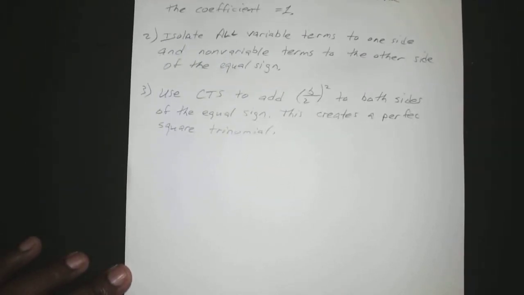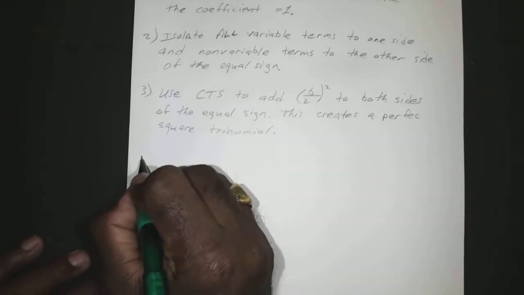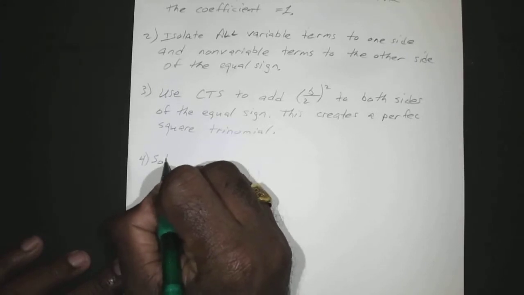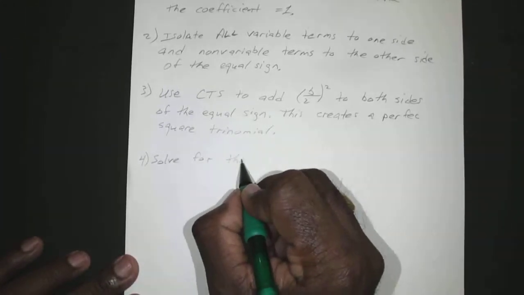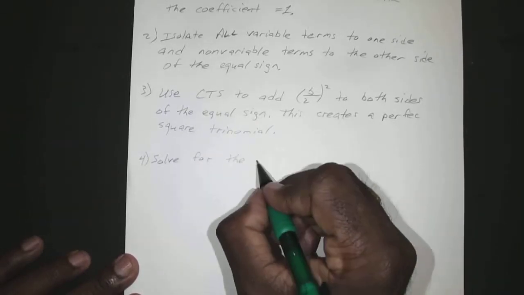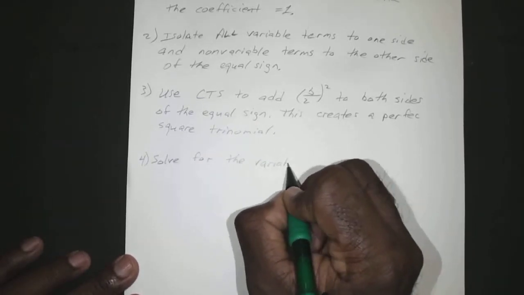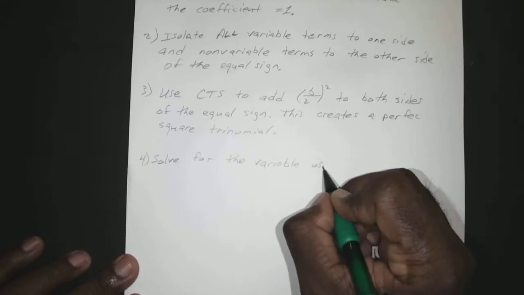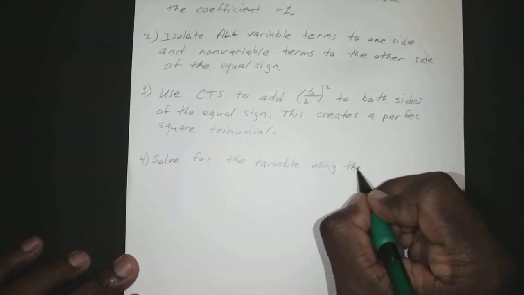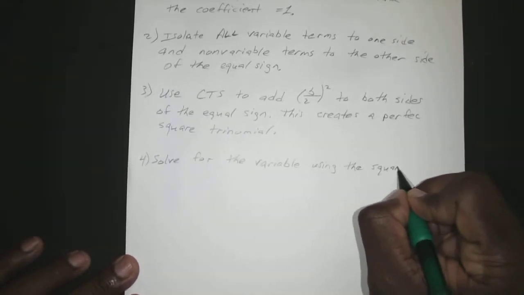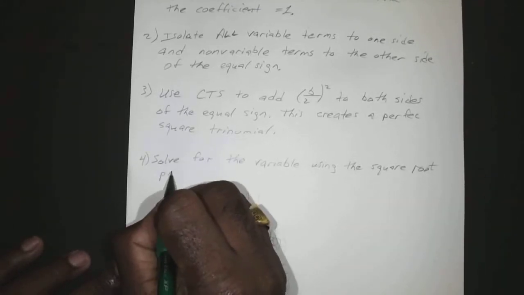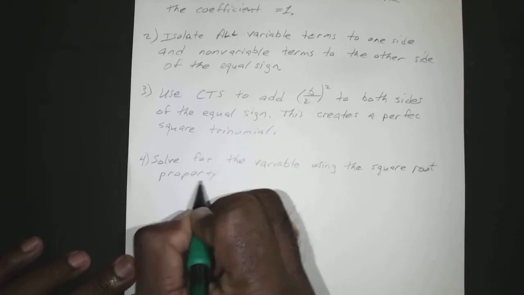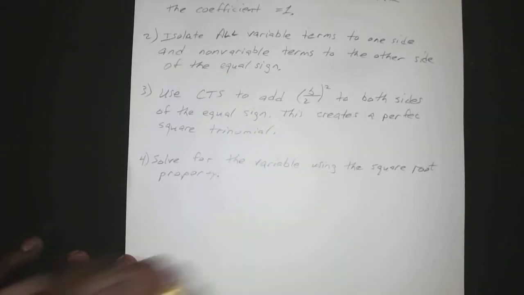Okay, and then 4, you're going to solve using the square root property that we did at the beginning. So you're going to solve for the variable. I would say x, but sometimes it's different. Using the square root property. Okay.